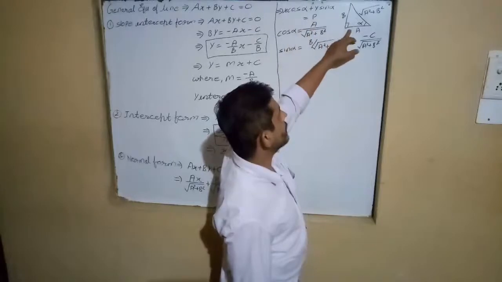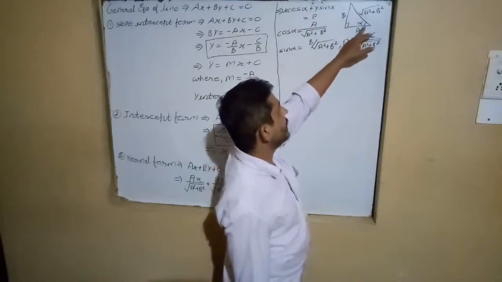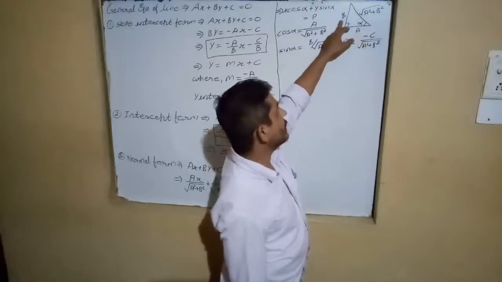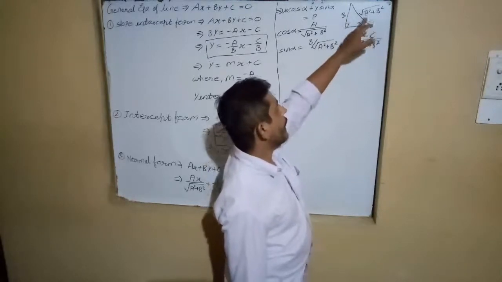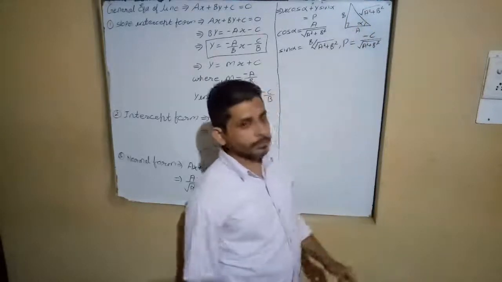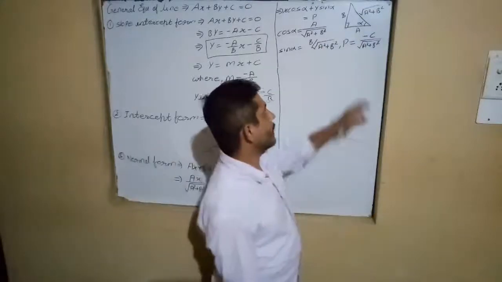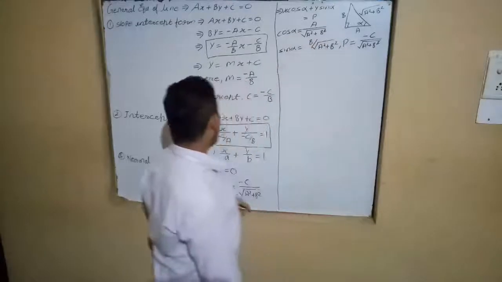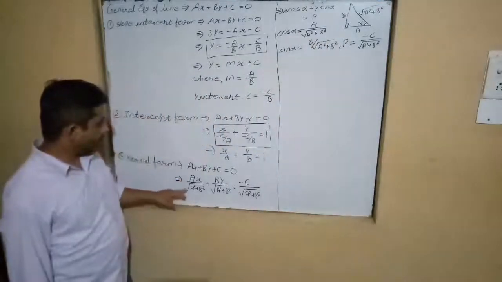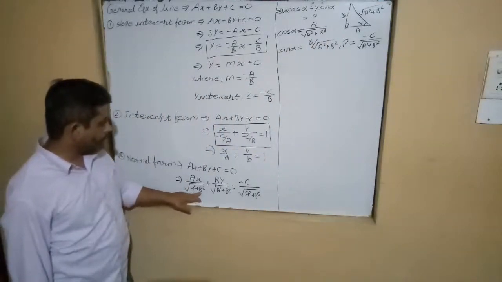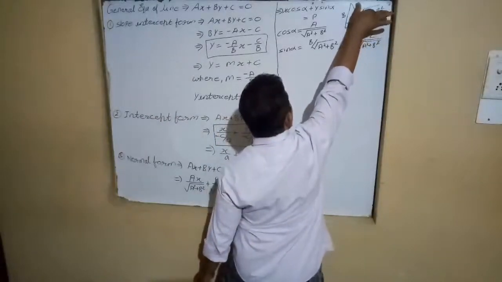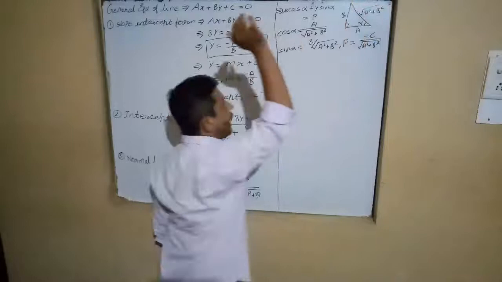Look at this right angle triangle. This is our base a, and this is perpendicular b. If we talk about the hypotenuse, what will come? Root of a square plus b square. Now look at here very sincerely. If we talk about a upon root of a square plus b square, a is our base and root of a square plus b square is our hypotenuse.